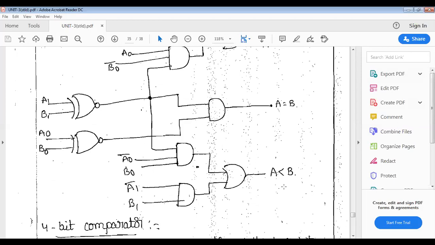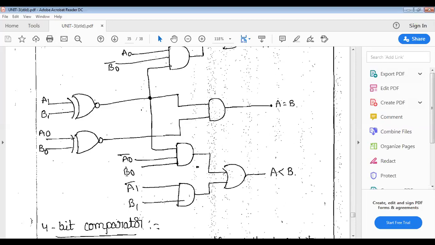The third input of the first AND gate for the less than is from A1 exclusive NOR B1. When we compare A1 and B1, if it is less than, we directly get less than. Otherwise, if they are equal, we go to A0 and B0.